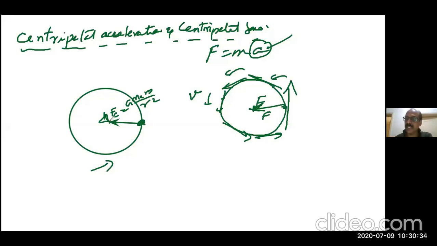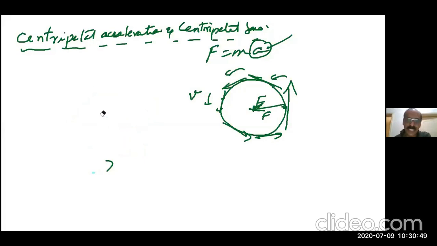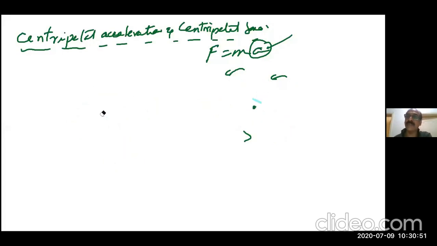Suppose at an instant this gravitational force disappears. Immediately all these planets will go along the tangent, not along the circumference. Is it clear? Yes, sir. So this is called centripetal acceleration, and the gravitational force is the centripetal force.